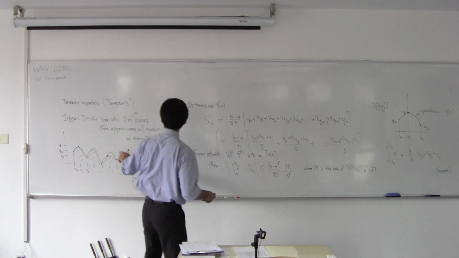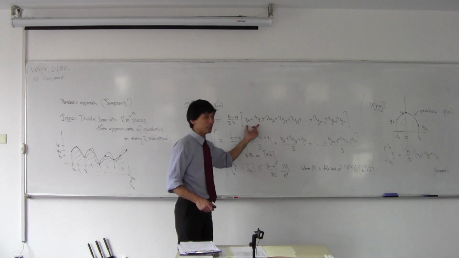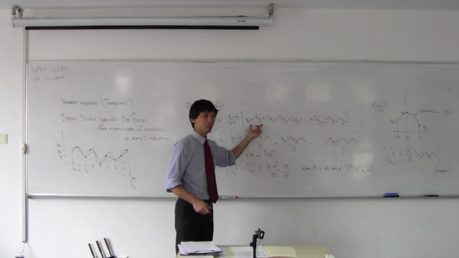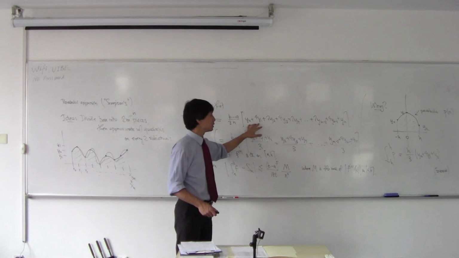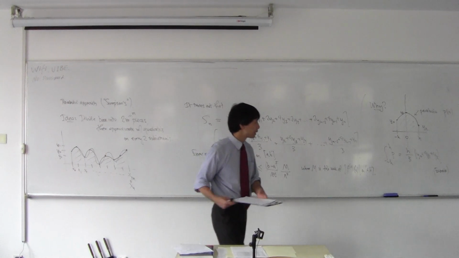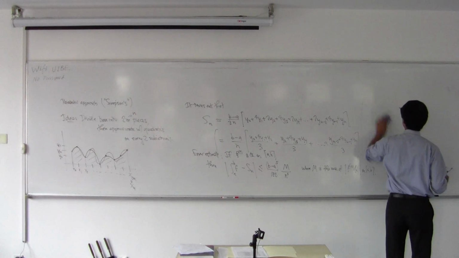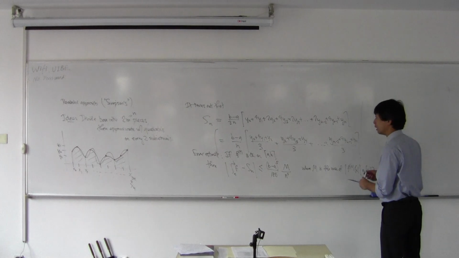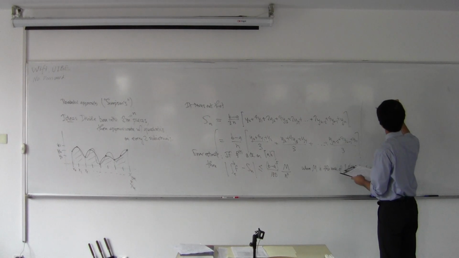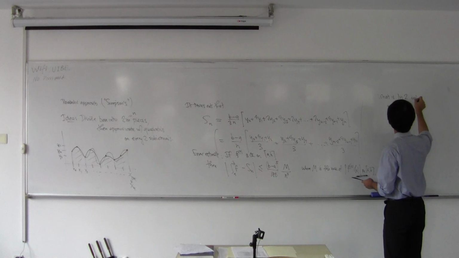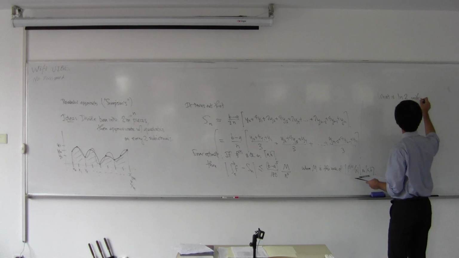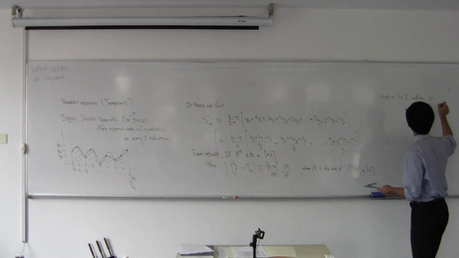You don't have to make this function. All you need to do is evaluate the values at points. So, for example, if somebody says, what is the natural log of 2 within 0.01 error?